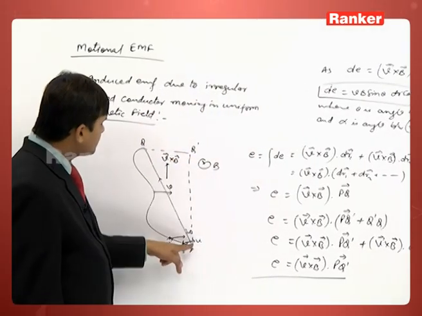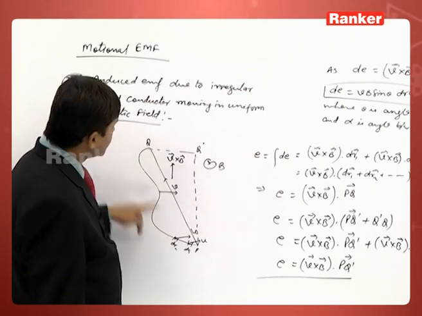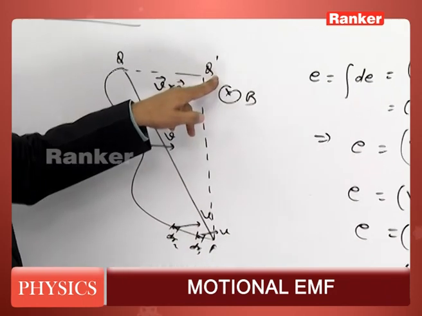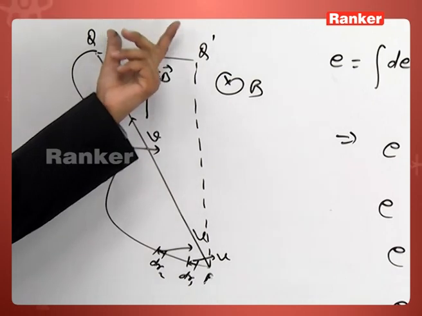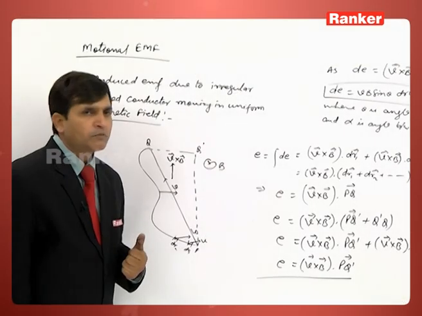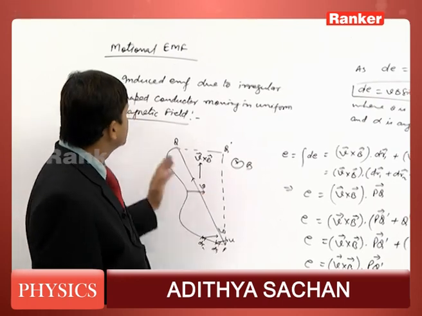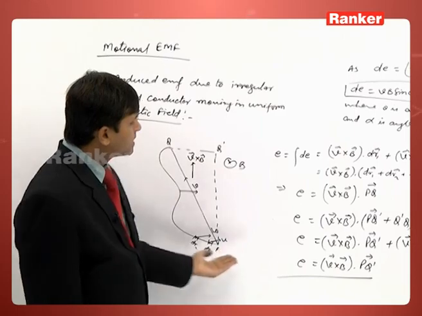So whether we look from P to Q by a curved path or directly P to Q, the EMF is equal to that of PQ dash, that is the same. It means between Q and Q dash there is no induced EMF; Q and Q dash can be said to be at the same potential. So if it is an irregular shaped conductor, we can get it like that.